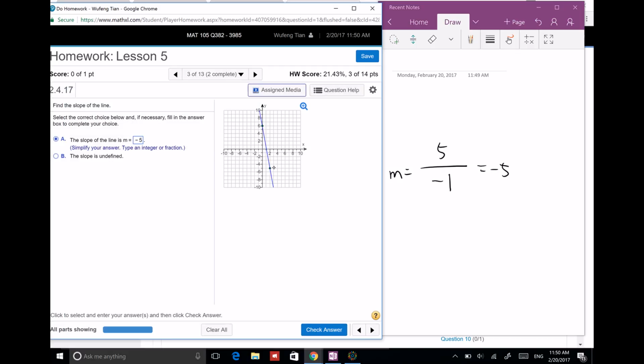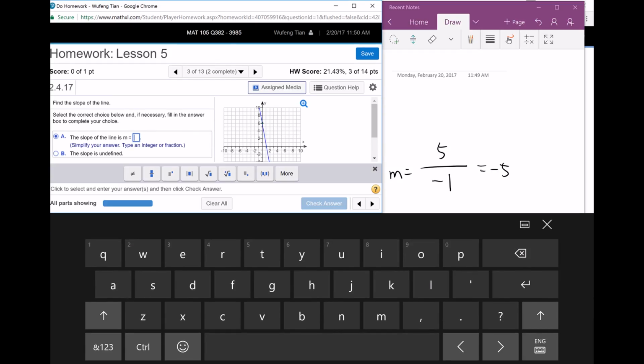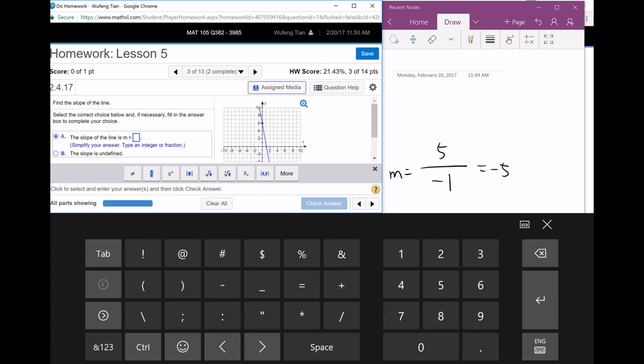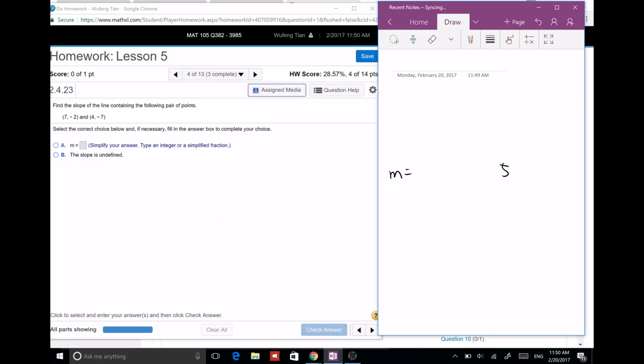From this point to this point, we count it. Because that's very small, I cannot really tell whether it is 5 over 1 or not. So we just use those 2 points. So it's negative 11 over 2. It's rise over run, negative 11 over 2.